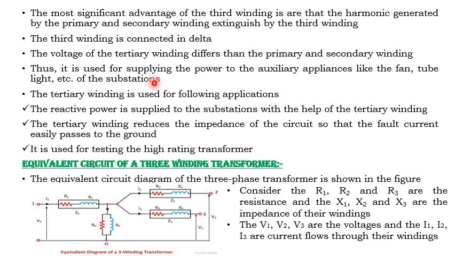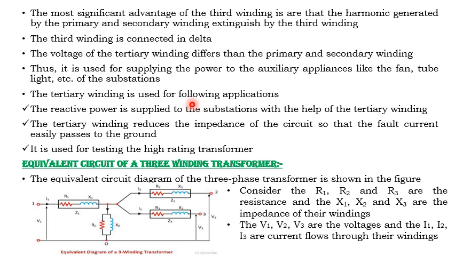So the tertiary winding voltage rating differs from that of the primary and secondary windings, since it is used for supplying power to auxiliary appliances like fans, tube lights, etc. used in substations.